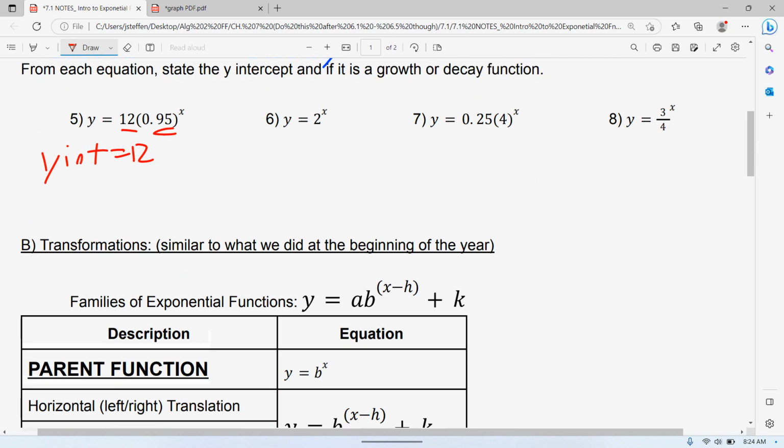Not too bad. It looks easier, but it tricks a lot of people, because a lot of people look at this and say the y-intercept is 2. It doesn't tell on this one, but if there's not a number in front, the y-intercept is always 1.